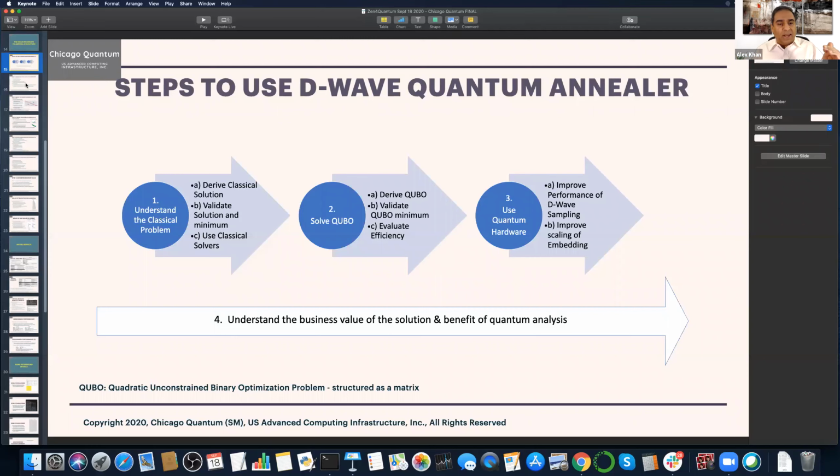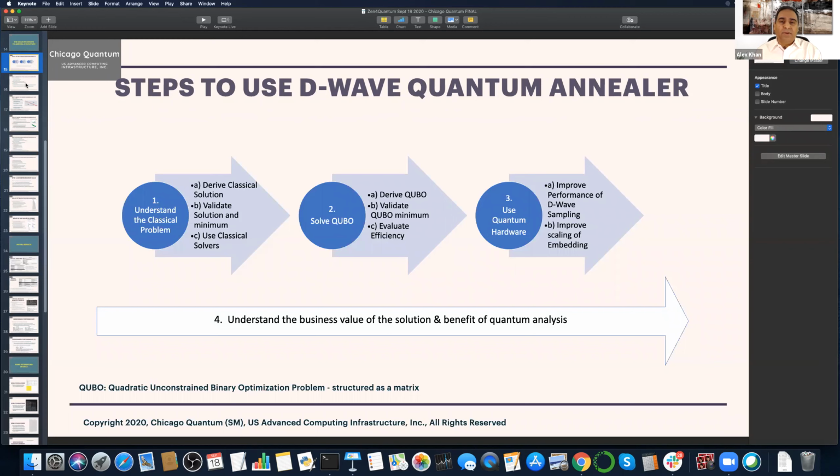So at a high level, you have to understand your classical problem. You're going to have to build the QUBO. If you use any of the tools we're talking about, you have to build the QUBO, which is an art and a science, and it has its own limitations as well. You have to understand your math before you can build the QUBO, and you should understand that classically.